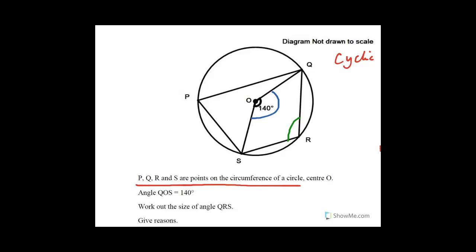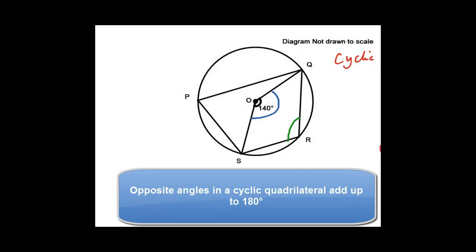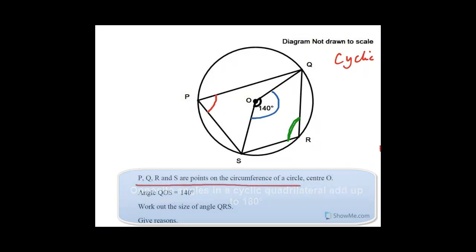Well, they add up to 180 degrees. So the angle that we want to find, which is QRS, this one here, and this angle QPS must add up to 180 degrees. But the question is, how do we find QPS, this one here?